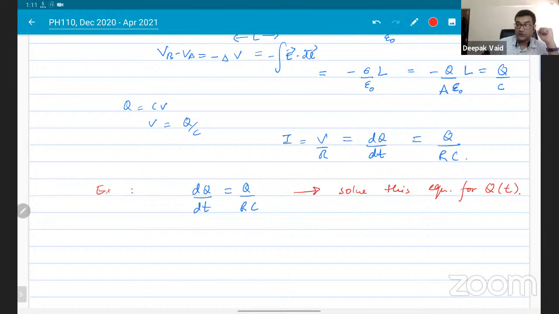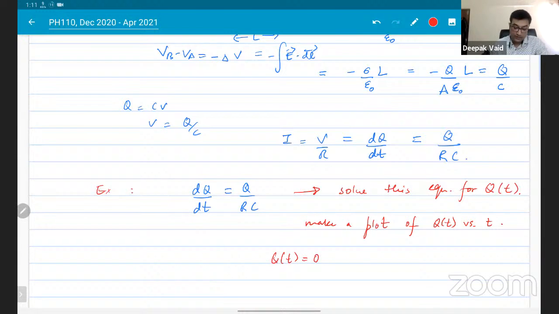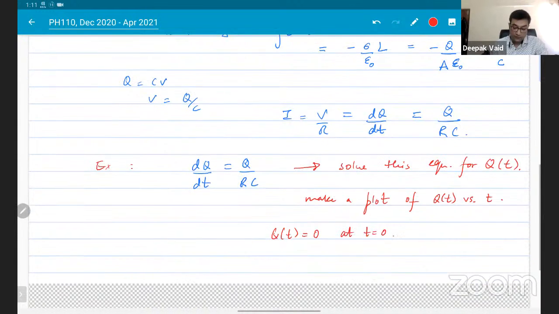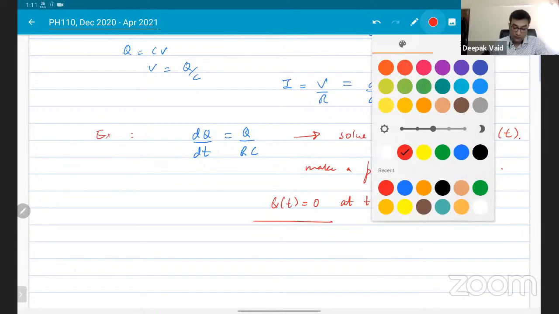Solve this equation for Q as a function of time and make a plot of Q(t) versus t, with Q(t) equal to 0 at t equal to 0.